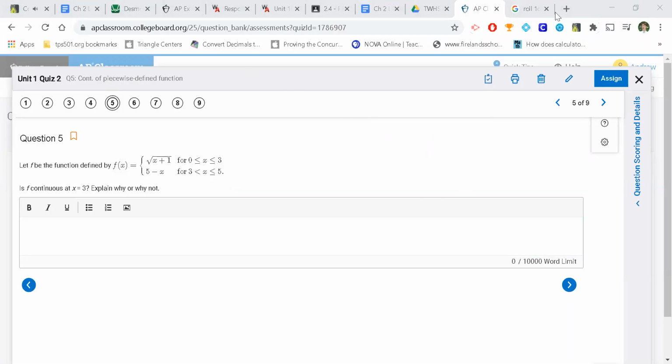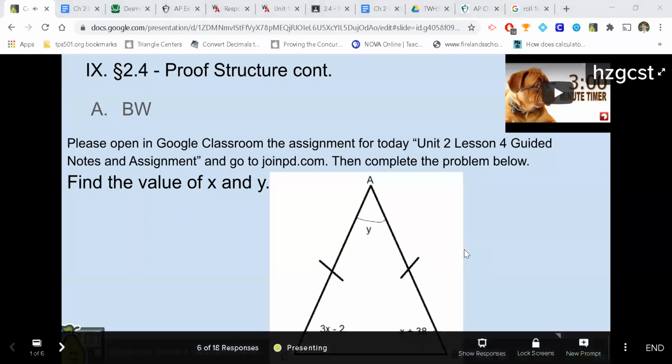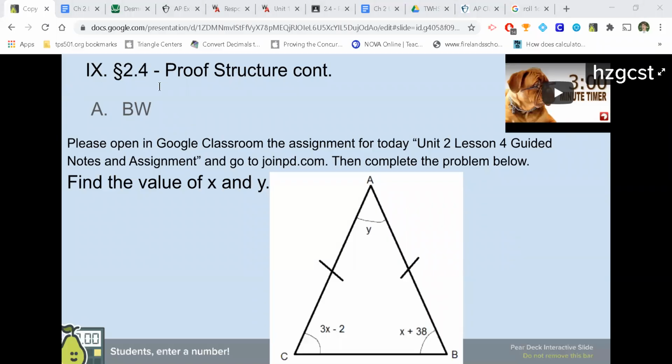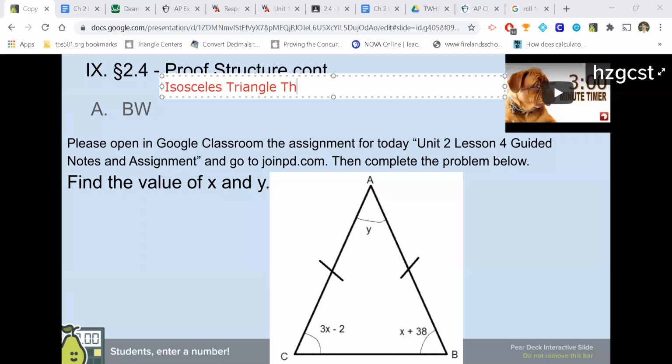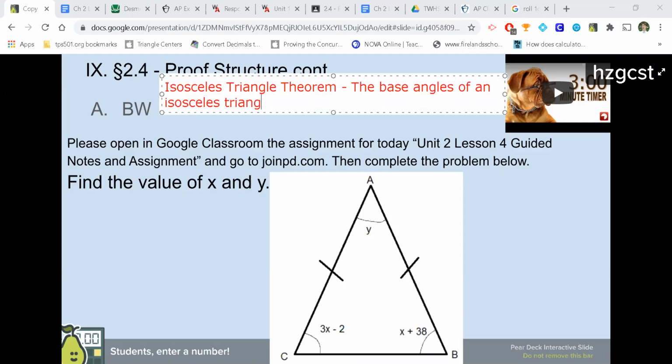Okay, so let me give you hints now for this. Here are your hints to get started with this problem. You should have in your notes from Friday the following theorem. If you do not, here is, I think, one of your last chances to write it down. The isosceles triangle theorem states that the base angles of an isosceles triangle are congruent. What that means is they have the same measure.